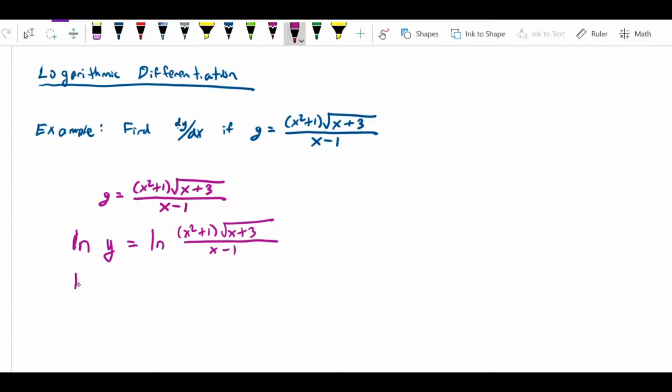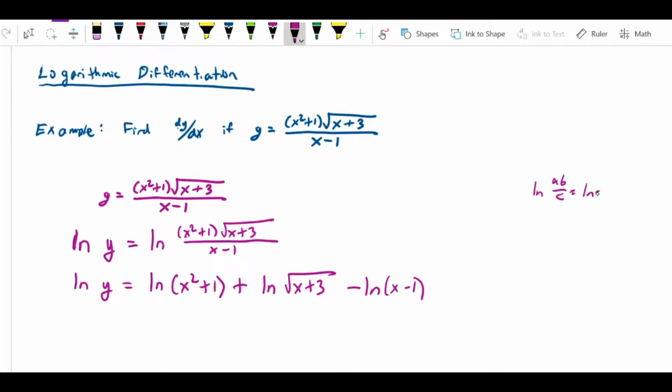That means, using a little algebra, using just the laws of logarithms, that the right side is ln of (x squared plus 1) plus ln of the square root of (x plus 3) minus ln of (x minus 1). That's just using what we know about logarithms, how we know that ln of AB over C is equal to ln A plus ln B minus ln C. That's just rules that we already know.